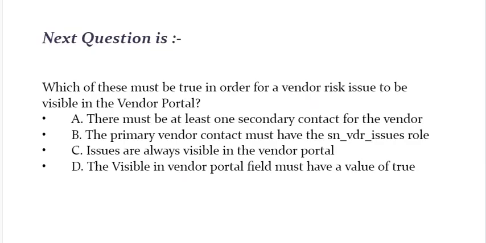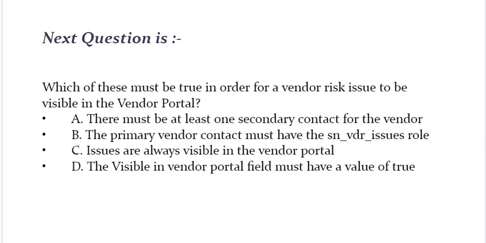Question is, which of these must be true in order for a vendor risk issue to be visible in the vendor portal? Option A. There must be at least one secondary contact for the vendor.